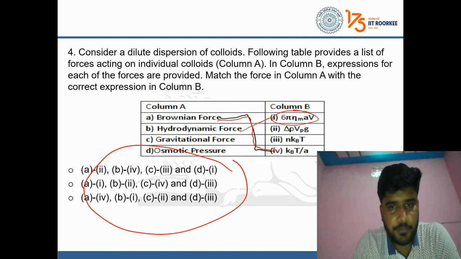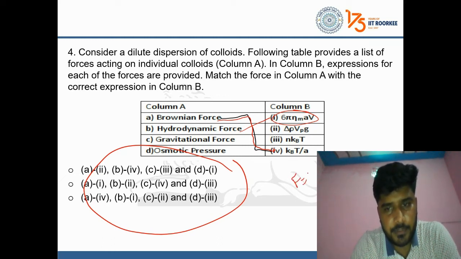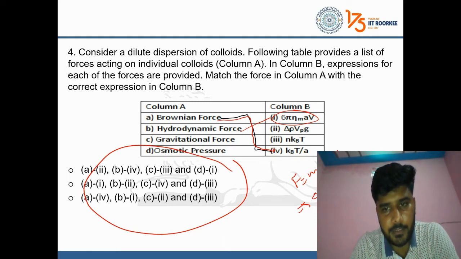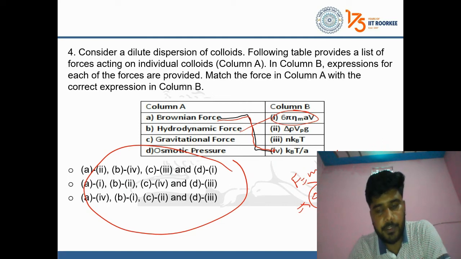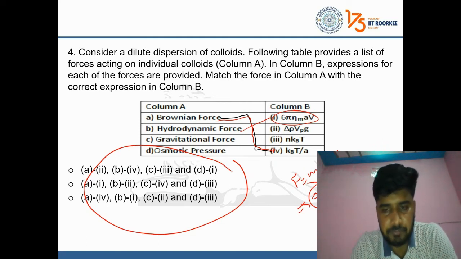Gravitational force is just equal to mg. F is equal to mg. M is density into volume of particles. So this is the density difference between the dispersion medium and the particles.